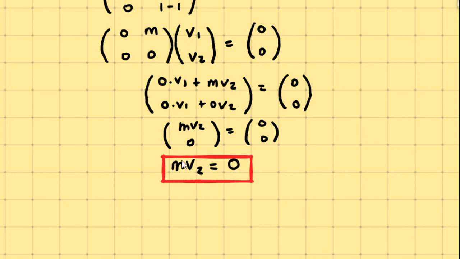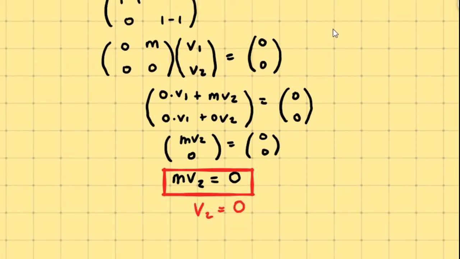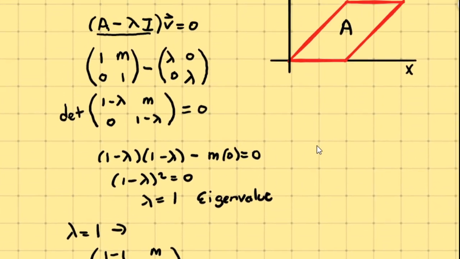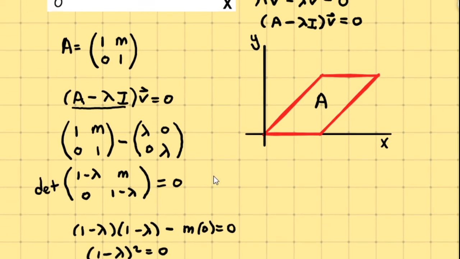Which means that its y-coordinate v2 is 0. That applies to any horizontal vector along the x-axis. For example, this one here. This vector has an x-coordinate, but its y-coordinate is 0.